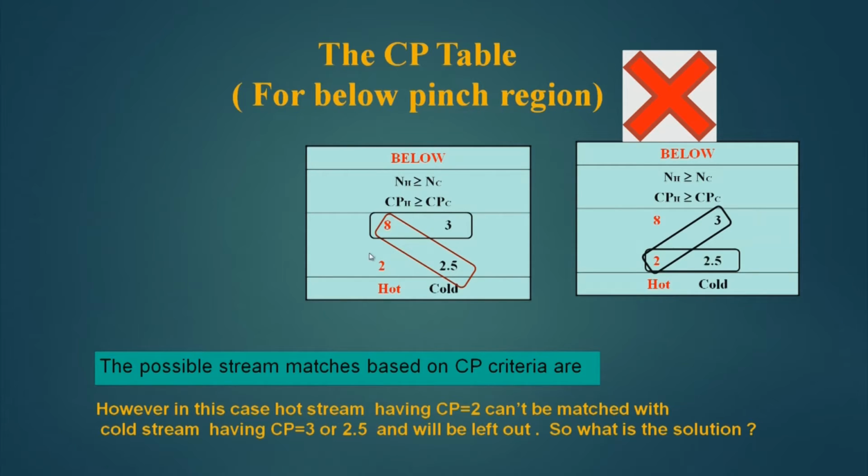Now, if it is left out, then this has to be cooled using utility, and if I use utility, then the utility may rise and the cost may rise. So, what is the solution for this? Now, we have seen a problem where splitting is the only solution.